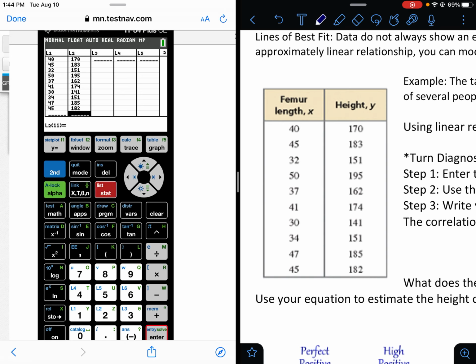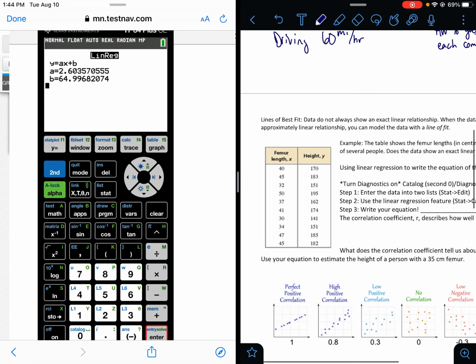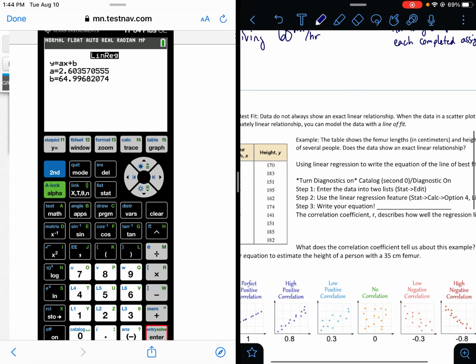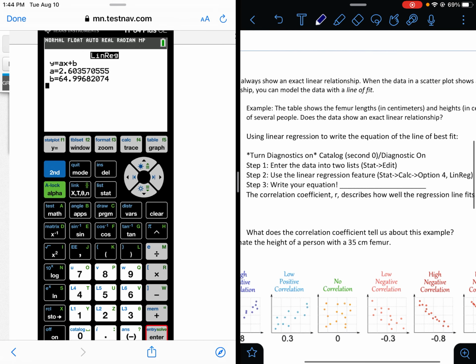This is a bunch of data here, but we can go the same process, stat and calc, and go to linear regression. List 1, list 2 are x and y, calculate. And so we get a slope and an intercept. And we don't have to write all the digits here. We can make this easier.